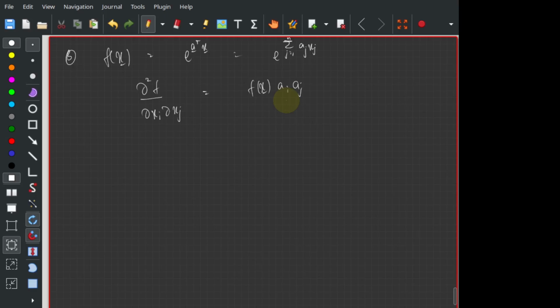Does everyone agree? So this is also equal to the product from j equal to 1 to n of e raised to aj xj, which is probably easier to work with.